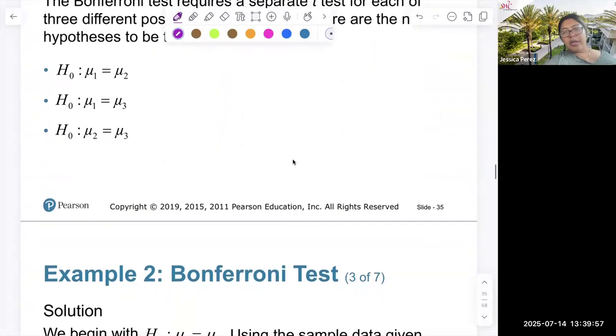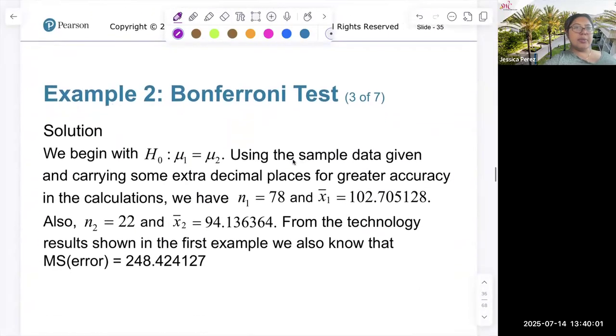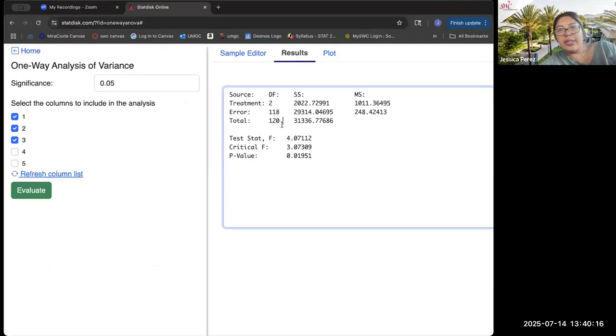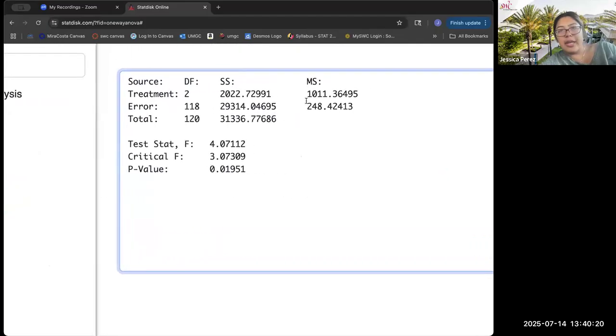So then we can identify which of the means is the different one. What we're going to do is begin with the null hypothesis that mu1 is equal to mu2. Using the sample data, we're going to carry the decimal places. So we're going to go back to StatDisk and look at the different errors.